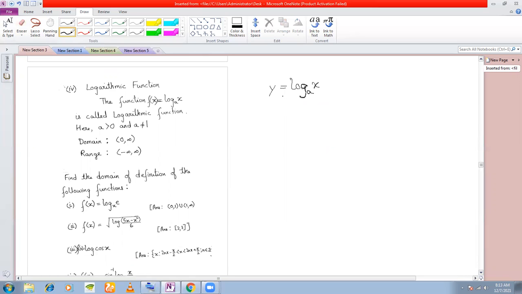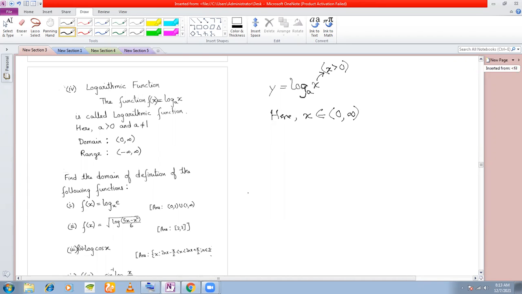Then what are the values that x can take and what are the values that y will take? So here, for y = log x to be a function, x must always take values that are positive, greater than 0. So the first condition is that x must be greater than 0.